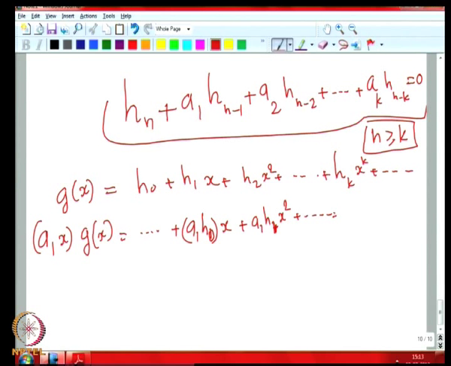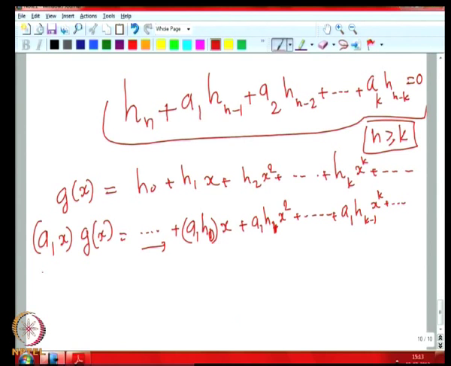Here we will have a1 h k minus 1 x to the k, because one term we have pushed one step. So, x raised to k will get h k minus 1, but with a multiplier of a1.